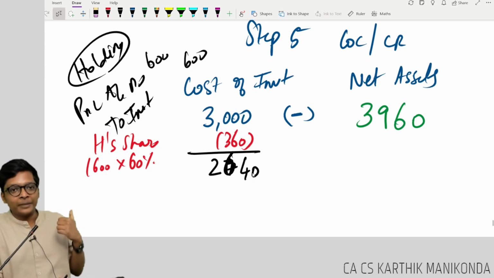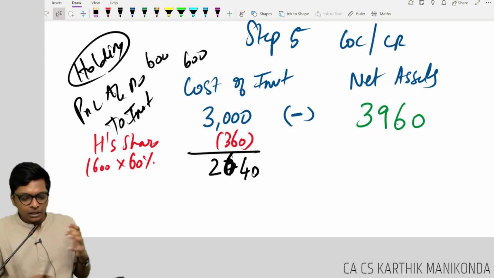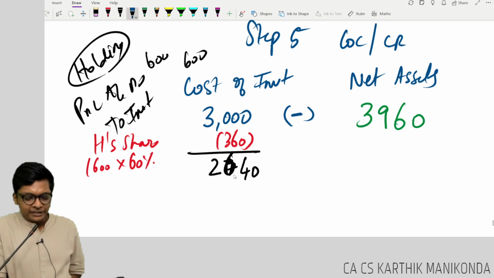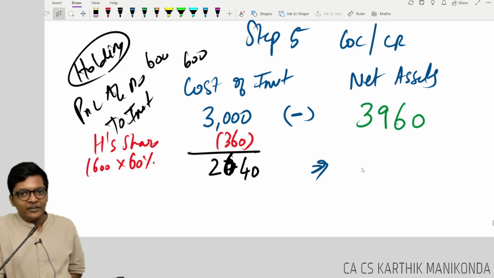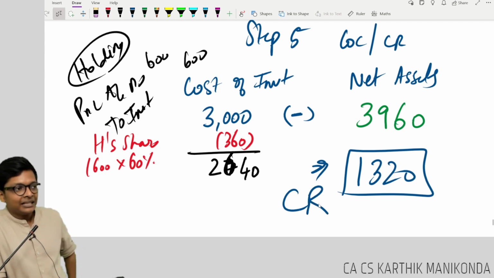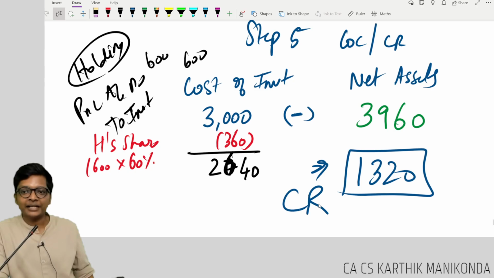Another area where you can make a mistake: dividend reducing 600, take only holding share. Those who figured it out, very good. 2640 minus 3960. What is my goodwill or capital reserve? Capital reserve. I paid very little. How much? 1320 is my capital reserve. Are you all following, guys?